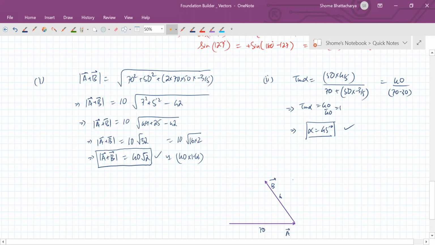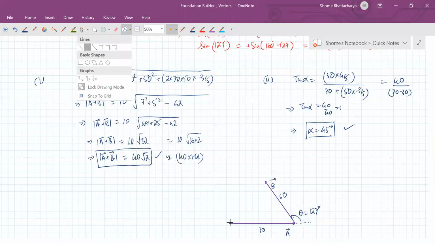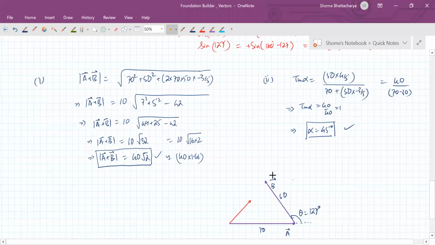This is the vector B, its magnitude is 50, but what is this angle theta? It is 127 degrees. So this is what it's telling us, that this A plus B has a magnitude of 40 root 2 and this angle is 45 degrees.